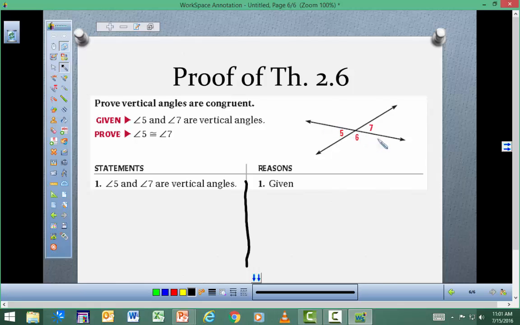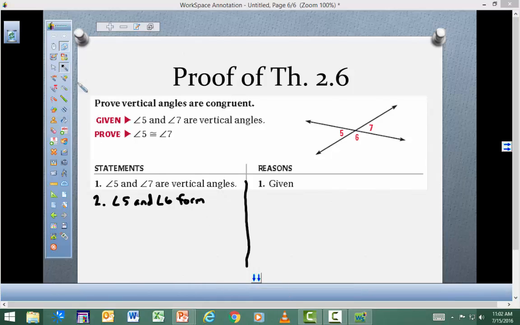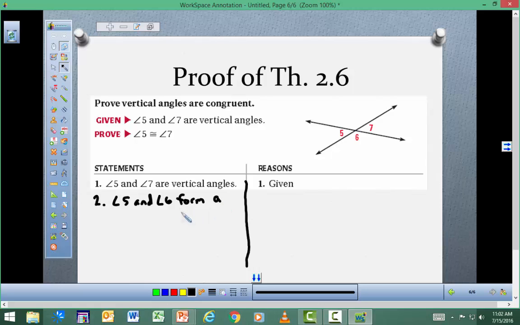Since we have a straight line here and we have an adjacent angle here, line 2, we're going to say angles 5 and 6 form a linear pair.